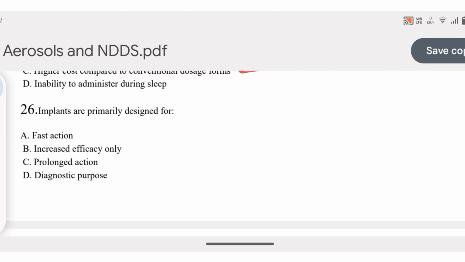26. Implants are primarily designed for. It says primarily. Remember, implants are CDDS, which is controlled drug delivery system. So it mainly acts as a prolonged action, because it delivers the drug at a specific interval and maintains the plasma drug concentration.